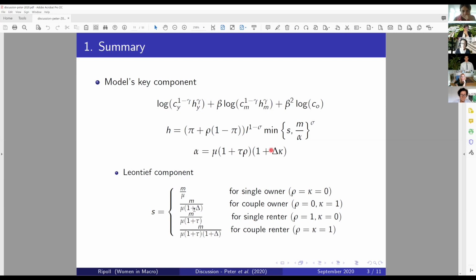This structure is built very cleverly, I think, in order to speak exactly to the data facts that the authors document. And as you see, this S/M ratio is going to really depend on couples versus singles in the model, rather than owner versus renter, or income or wealth.